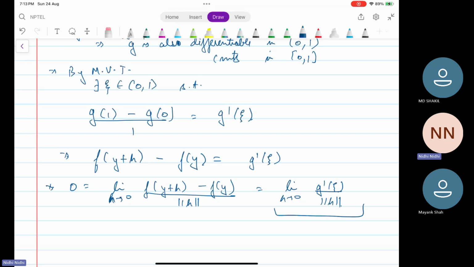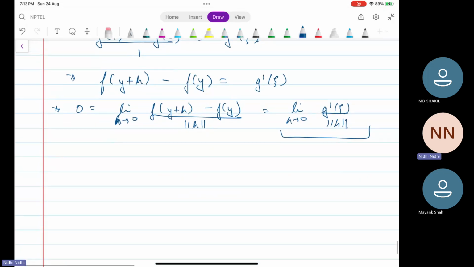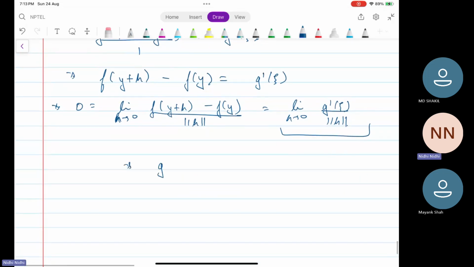Now since this limit exists, the denominator is tending to 0 as h tends to 0. So the numerator should also be tending to 0, because if that's not the case, the limit won't exist. This implies G dash zeta should be equal to 0.